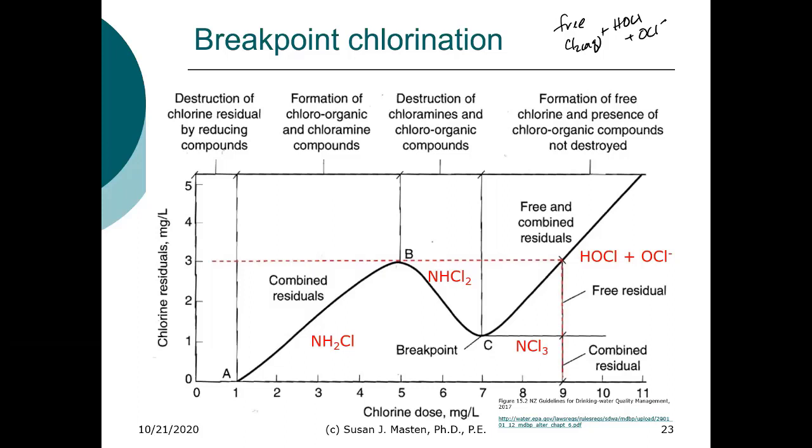So when we talk about a free chlorine residual, that's what we're talking about. When we talk about combined chlorine residual, we're now talking about the chloramines. The major one of the 3 chloramines, monochloramine, is the most effective disinfectant.